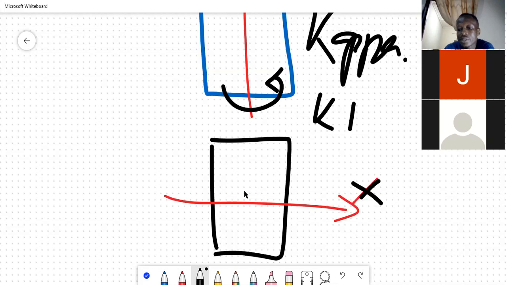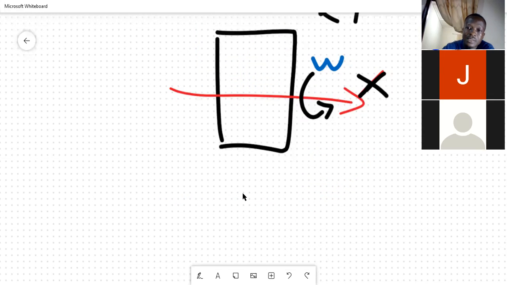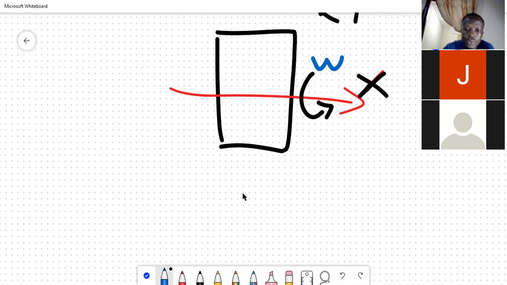So you need to rotate this way to have omega. Omega is a rotation about the x-axis. So that's the projector, and that's the omega direction for you.